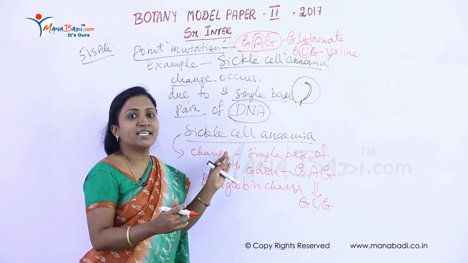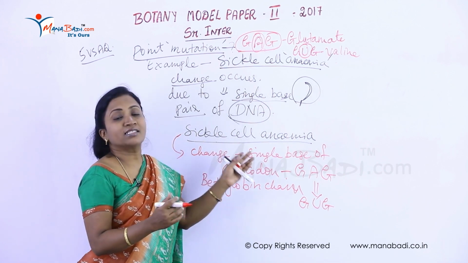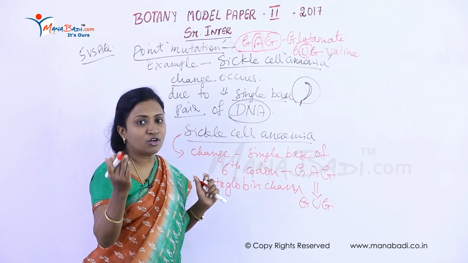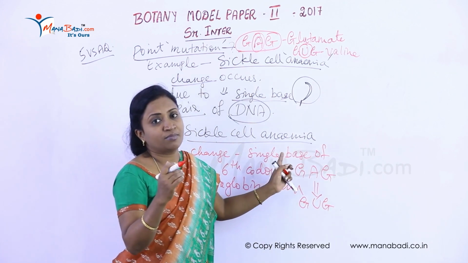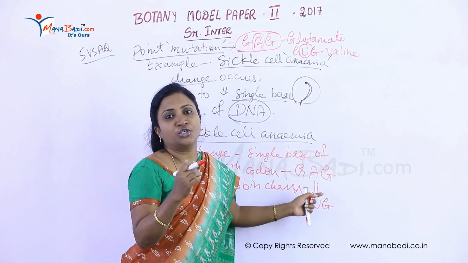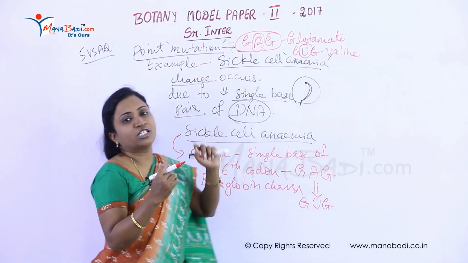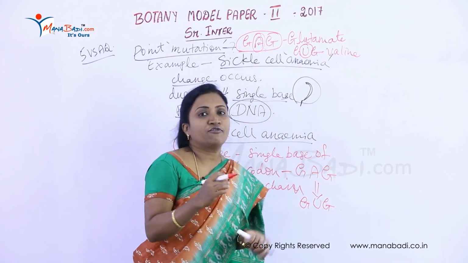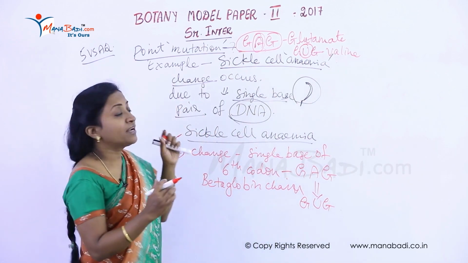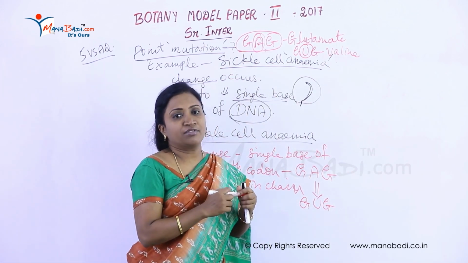The example is sickle cell anemia, wherein the single base pair of the sixth codon is altered from GAG to GUG, GAG coding for glutamate and GUG coding for valine. So we have finished the fifth question.